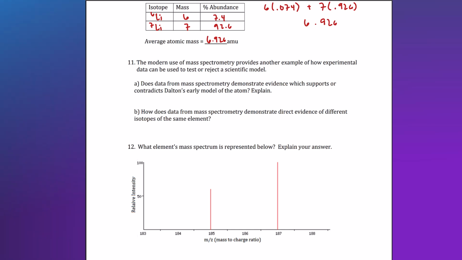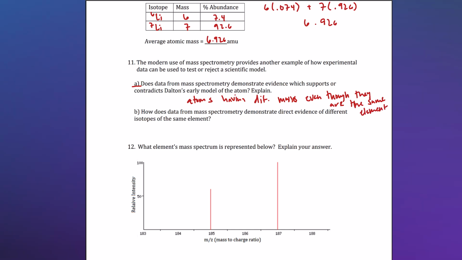And so that's what you would say something about in part A, something about atoms having different masses even though they are the same element.